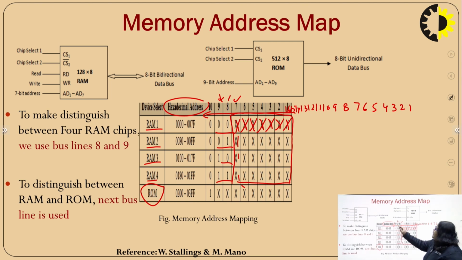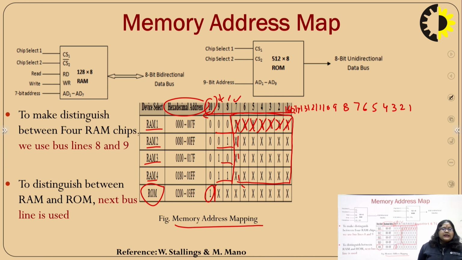Now the 10th bit we use to select either RAM or ROM. 0 is used for RAM, 1 is used for ROM. These are the bits that we use for designing RAM and ROM in the memory address mapping table. Now, how do we take the 9 bit addresses for the ROM?